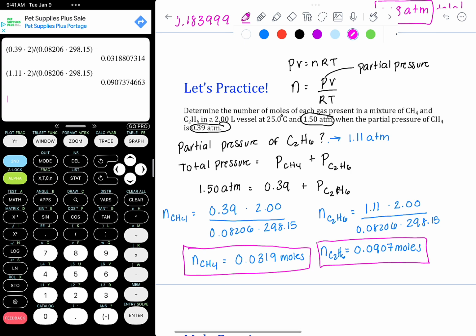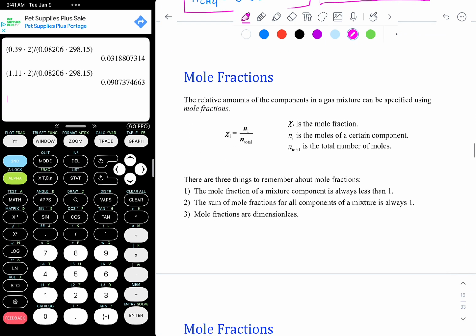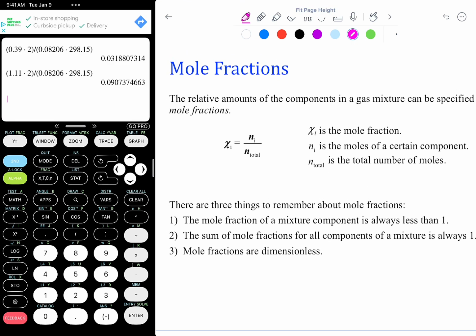Now let's take this one step further and start discussing mole fractions. The relative amount of the components in a gas mixture can be specified using mole fractions. So here's the expression for a mole fraction.